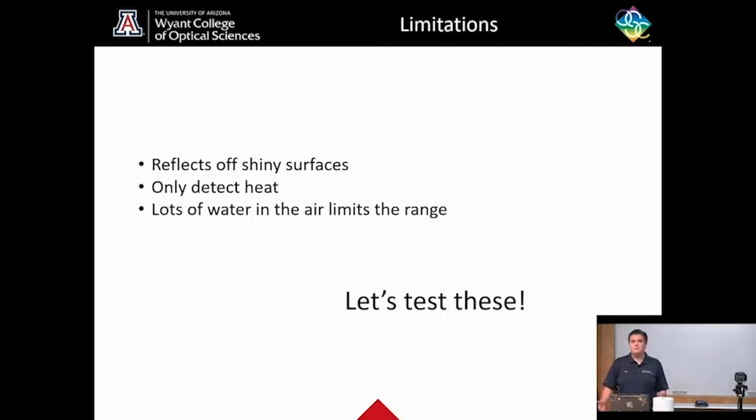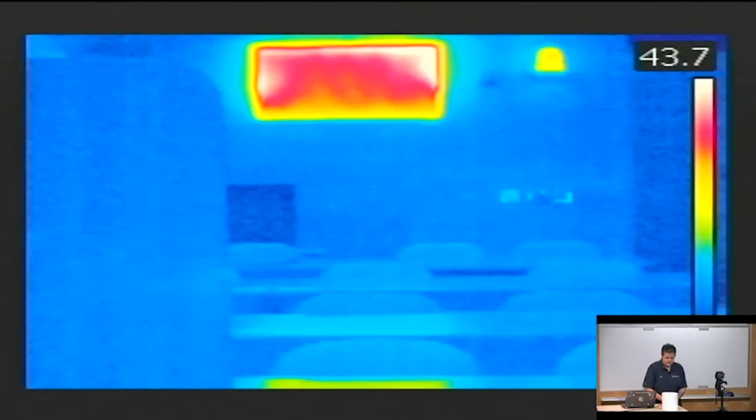You're also limited by water in the atmosphere because of the way that light works. When you point at something, if there's a lot of water between, the light can't really get through it as well. Let's play with the camera, my favorite part. So, just gonna connect over here.